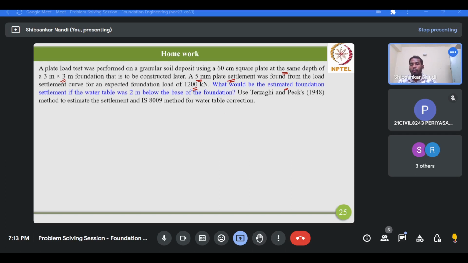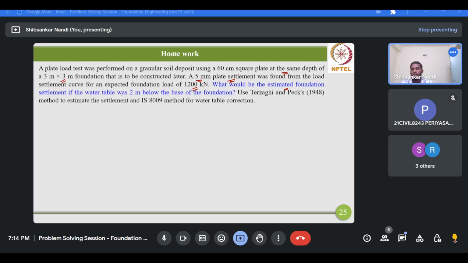Only the discrepancy between the two scenarios lies in the water table location. As you know, when you perform the plate load test, if you encounter some water table within the depth of the plate, then you have to pump out the water before performing the test.